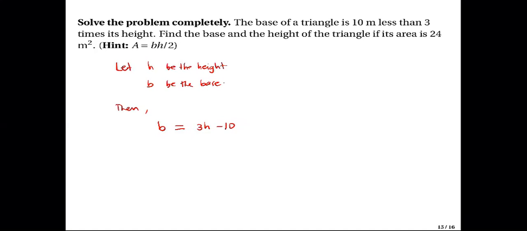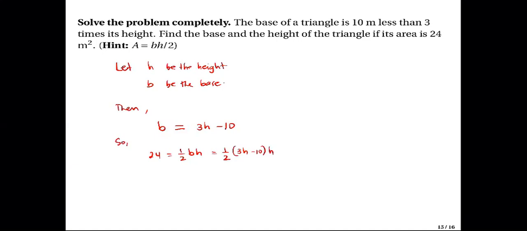The area, it's 24 meters squared. So we will have the following. So we have 24. This is 1/2 base times height. So this is 1/2 base, it's 3h minus 10. And height, it's just h.